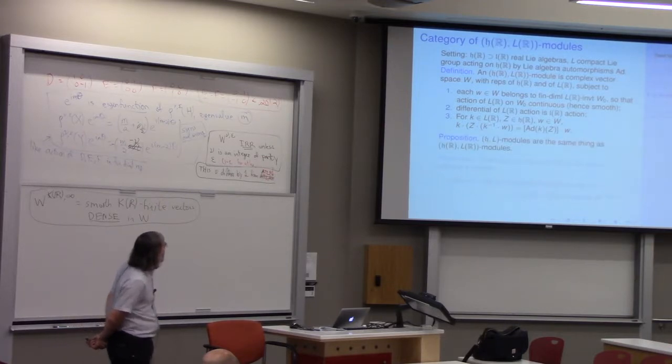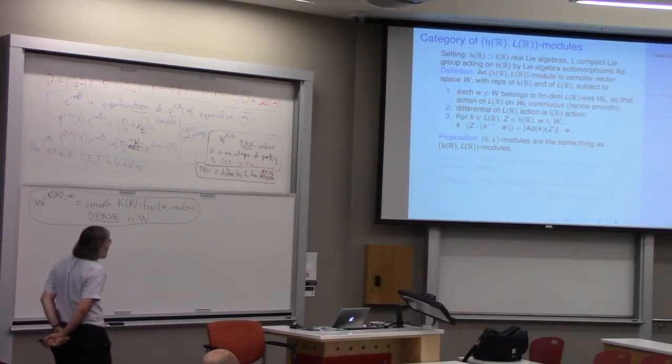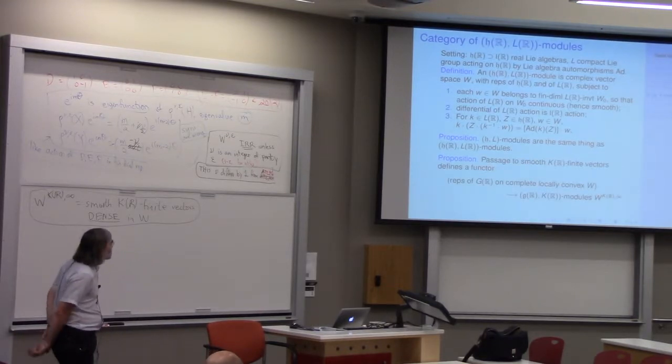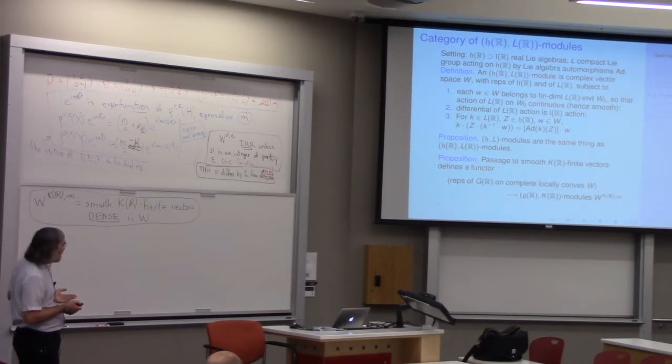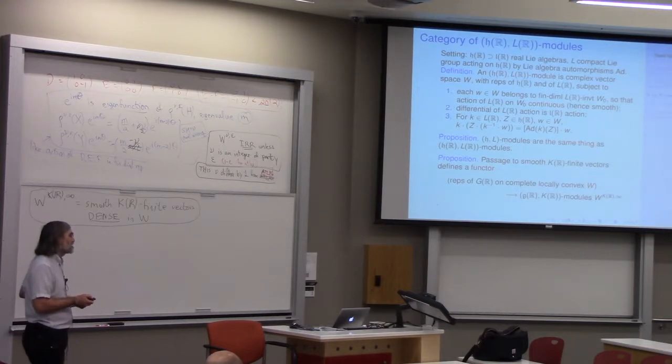This next proposition doesn't belong here. I'm going to explain that in a minute. But what belongs here is this statement, that if you have a representation of G of R on a complete locally convex W, then if you pass to smooth K finite vectors, you get a G of R, K of R module in this sense.